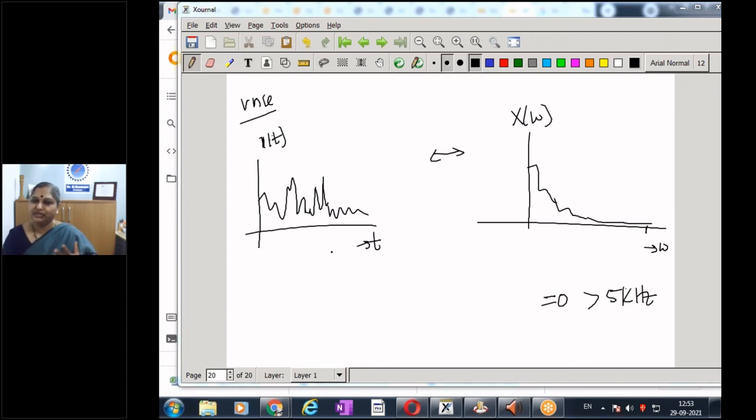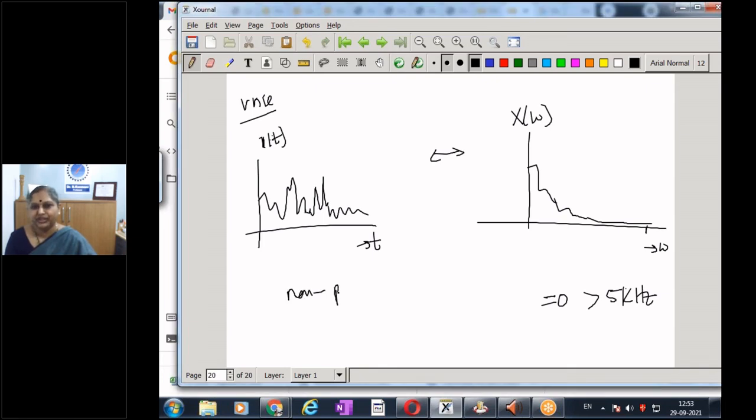Whenever we take our speech and do the Fourier transform, it is going to have some spectrum. Now tell me, is my speech periodic or non-periodic? Non-periodic.